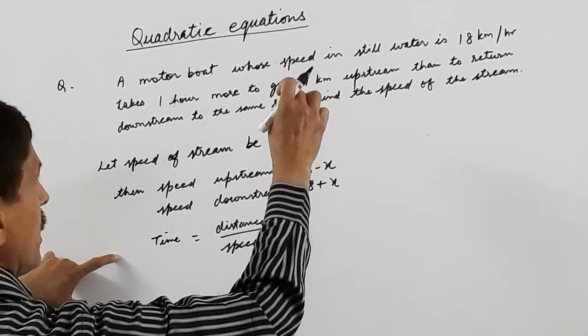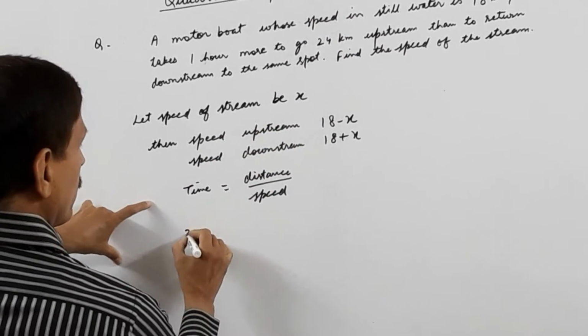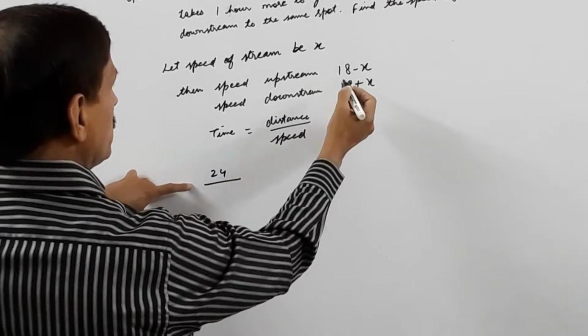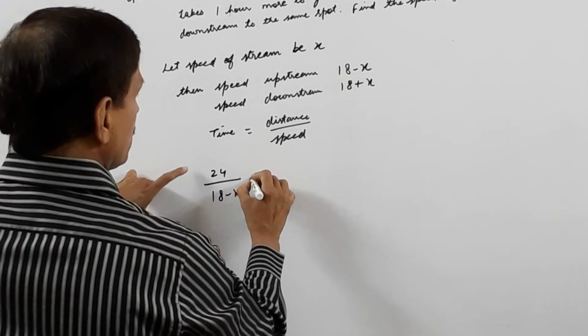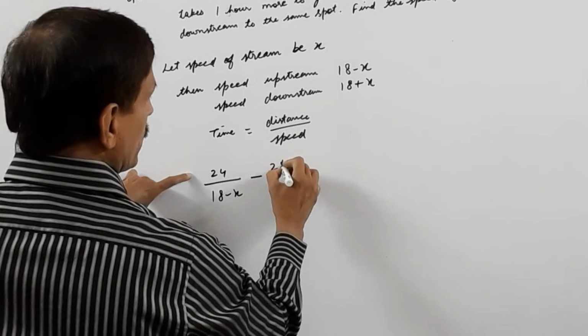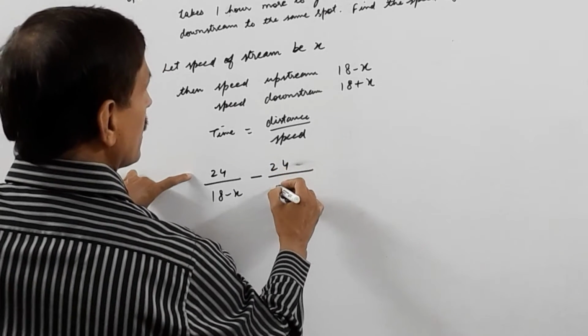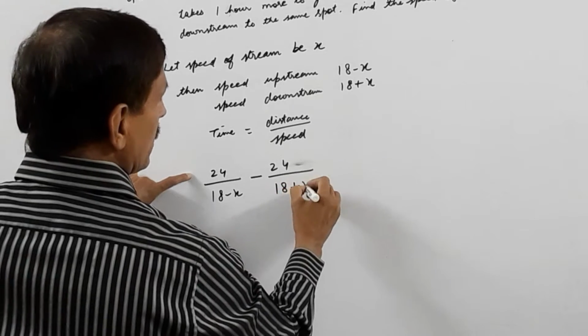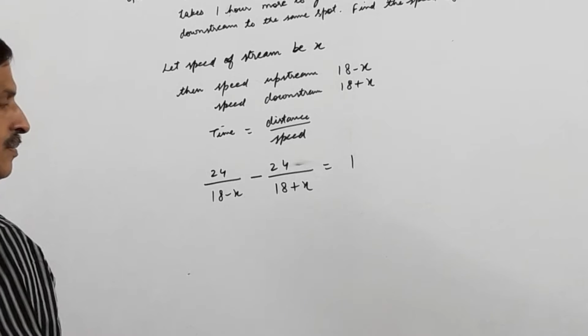As going upstream takes more time, 24 upon the speed upstream 18 minus x, minus 24 upon 18 plus x, is equal to 1 hour.